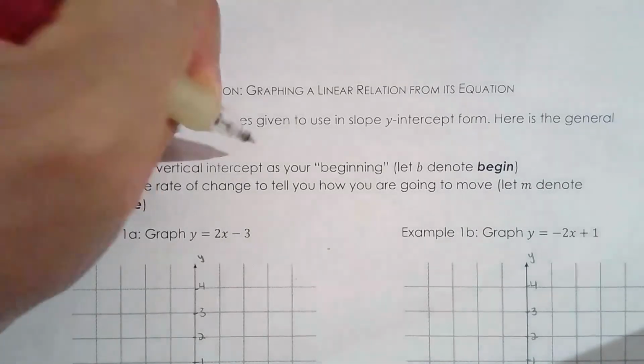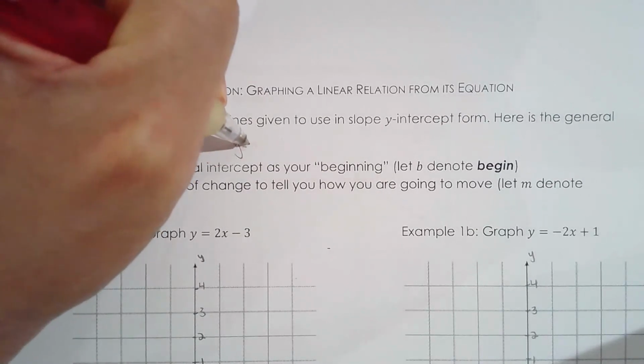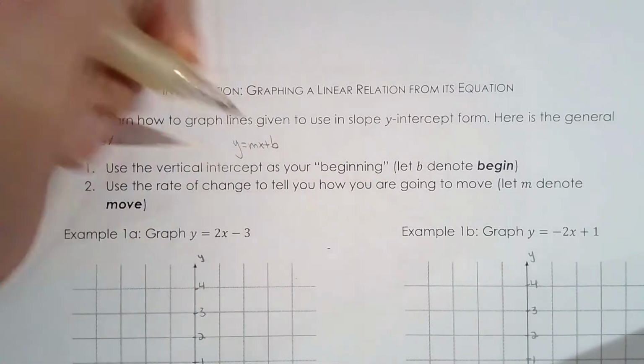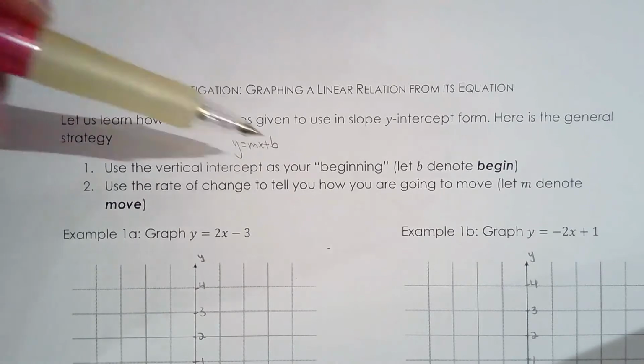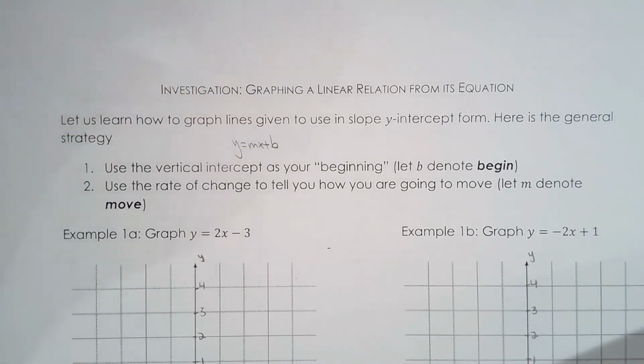a linear relation is written in the form of y equals mx plus b. So hopefully you remember that m is representing the rate of change and b is representing the initial value or the vertical intercept.